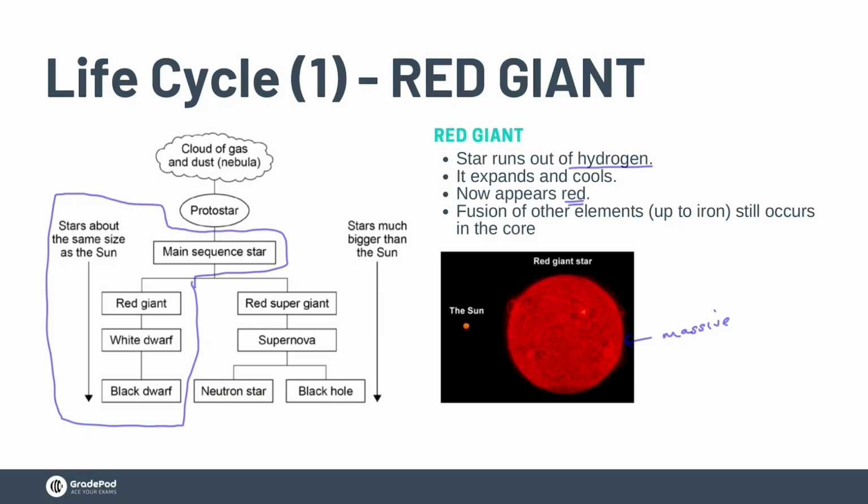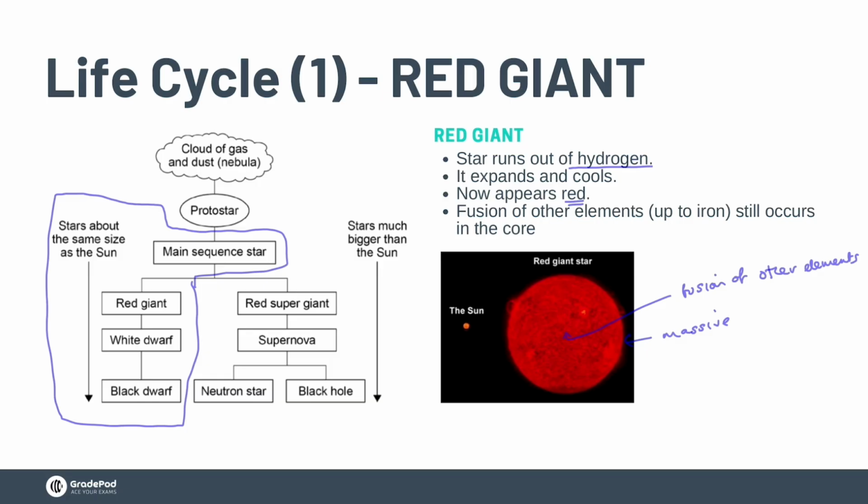So guess where the name red giant comes from? It's not that inventive, is it? It looks red and it's massive, red giant. But what takes place inside the core is fusion of other elements. So inside here, there's still fusion of other elements. What that means is helium might be fusing into lithium and all sorts of things might be happening in there.